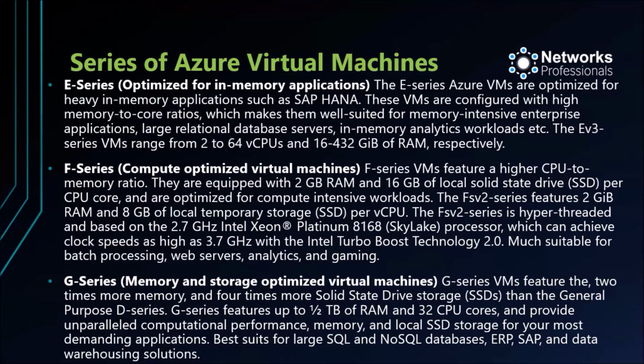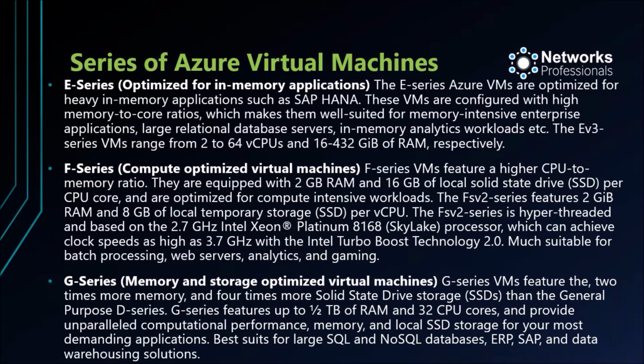G series virtual machines are memory and storage optimized virtual machines. G series virtual machines feature 2 times more memory and 4 times more solid state drive storage SSD than the general purpose D series.